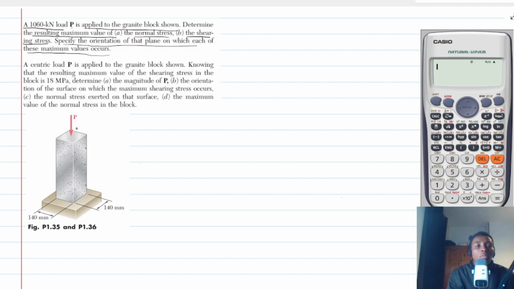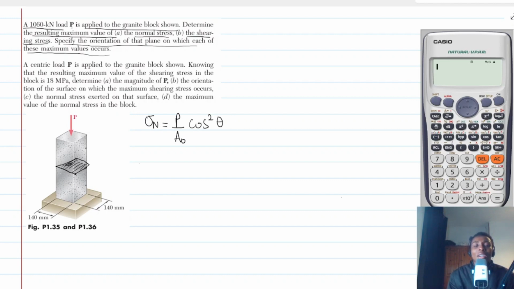Basically, there is a formula for calculating the normal stress. Let's say there is some arbitrary plane where there is a section. The formula for the normal stress is given by the load divided by the original area, times cosine squared of the angle.